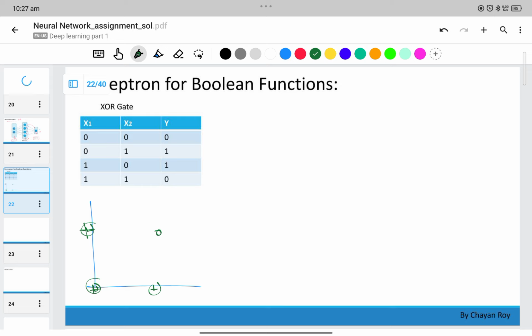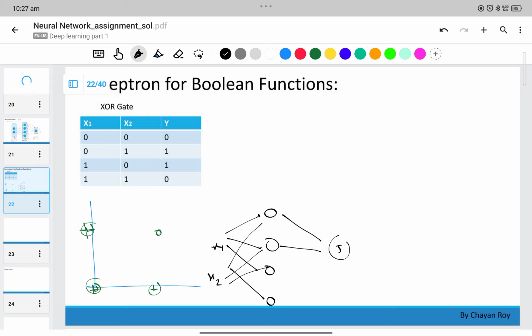Here the architecture we will follow is that we have x1, x2, two inputs, and we will have 4 neurons at the first layer. We will connect everything to them, as you have seen in the photo, and we will have a final layer that will take all the outputs from the previous layer and give the final output.